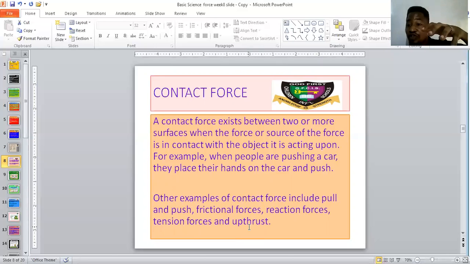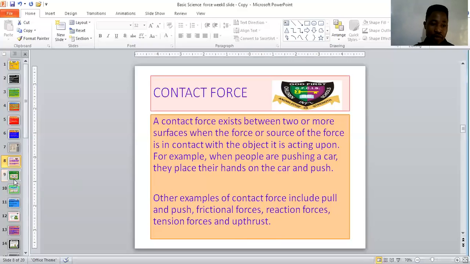That means the force of the water will push the ball upward. That's what we call upthrust, upward push of an object with greater force. Then the ball will come flying up and the water will splash. So that is what we call upthrust. It's also a contact force.